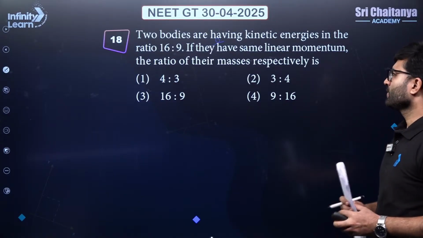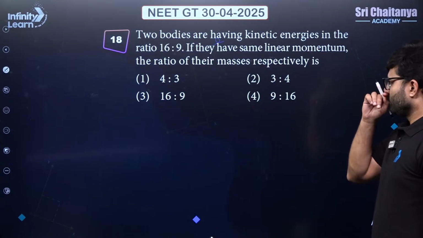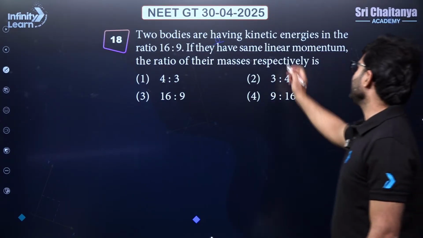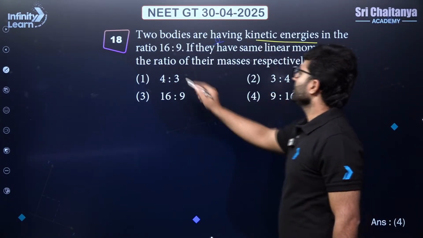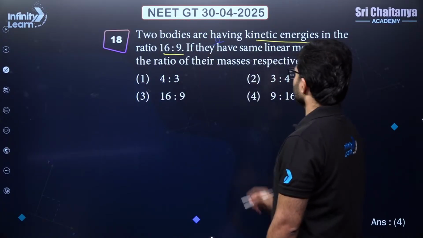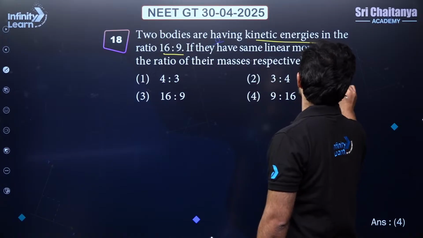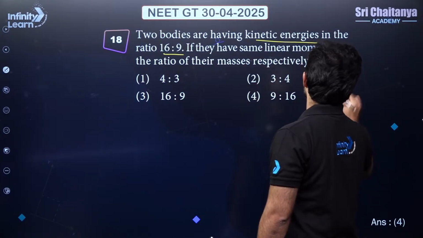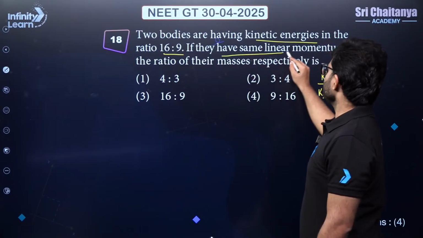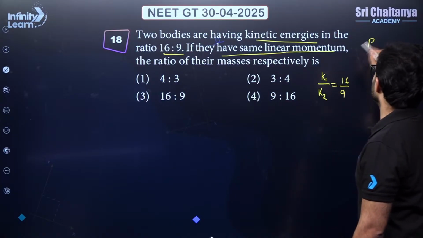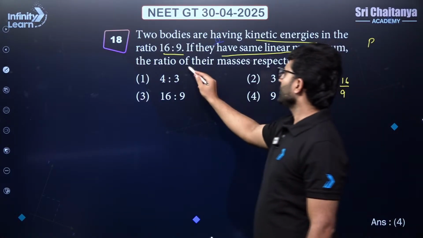Two bodies are having kinetic energies in the ratio 16:9. So we have kinetic energy of 1 divided by kinetic energy of 2, that is 16/9. What are they asking? If they have the same linear momentum, then the ratio of their masses is.